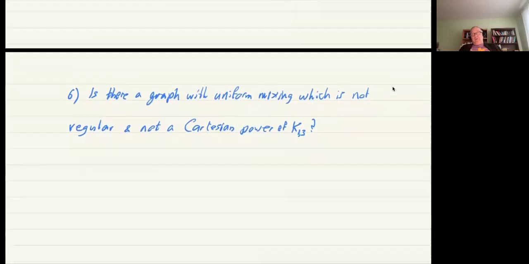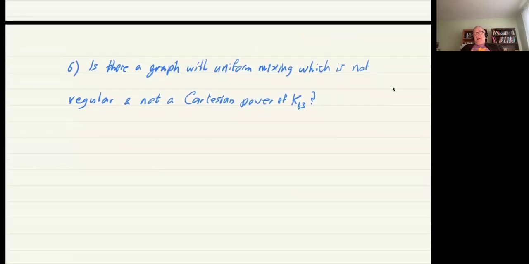Now we also talked about uniform mixing. For uniform mixing, if we have uniform mixing at time t, then U of t is flat. So it's a flat unitary matrix, or equivalently a complex Hadamard matrix.